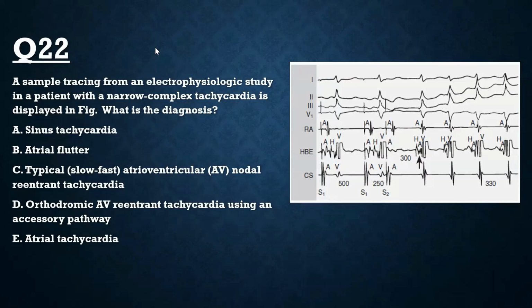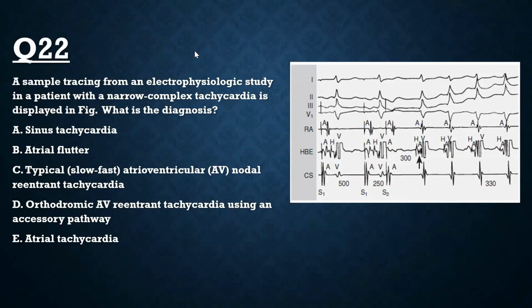The second one is an ectopic or stimulation not at the exact time. That leads to a jump of AH of more than 300, and then an A wave came in the third one between H and V, which means a retrograde A wave conducted from the AV node to the atrium. So this picture is most probably consistent with typical AVNRT.